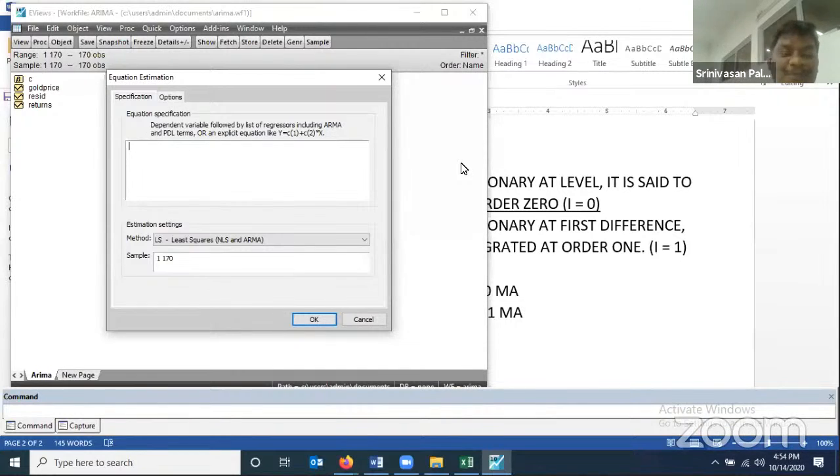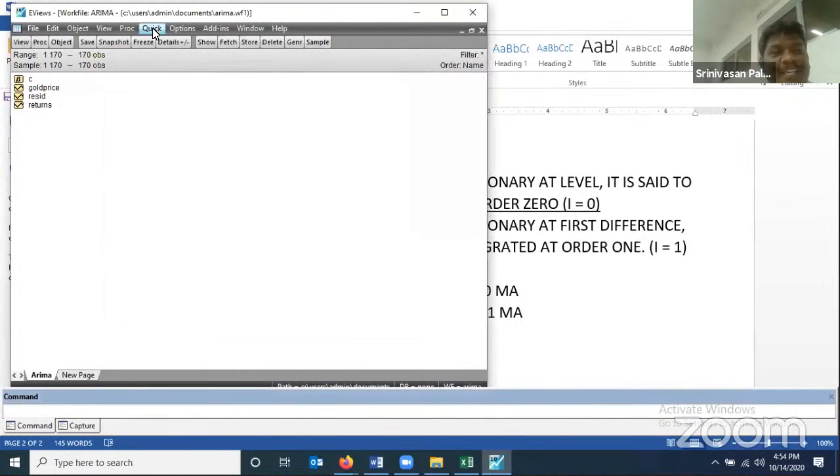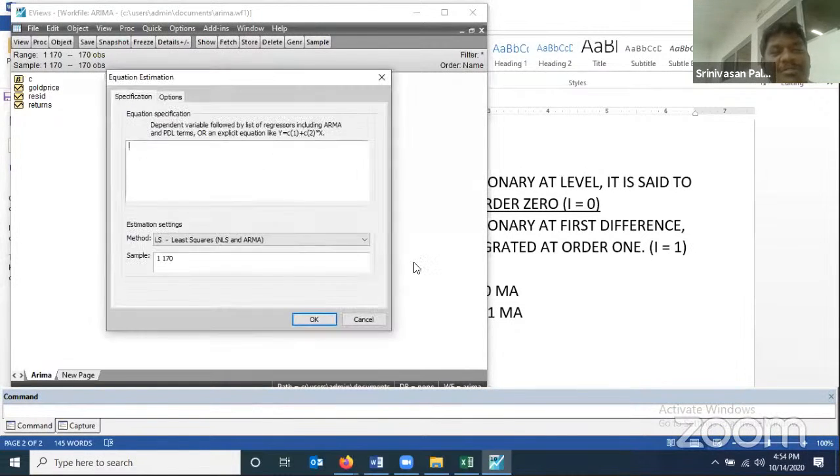Okay, fine. So now, as sir said, I went to quick, estimate equation. Sorry, I can't use gold price now. Returns. C means constant, the intercept. AR1, MA1.